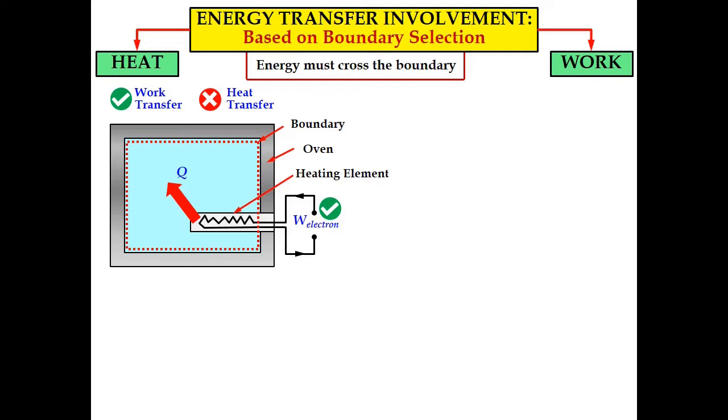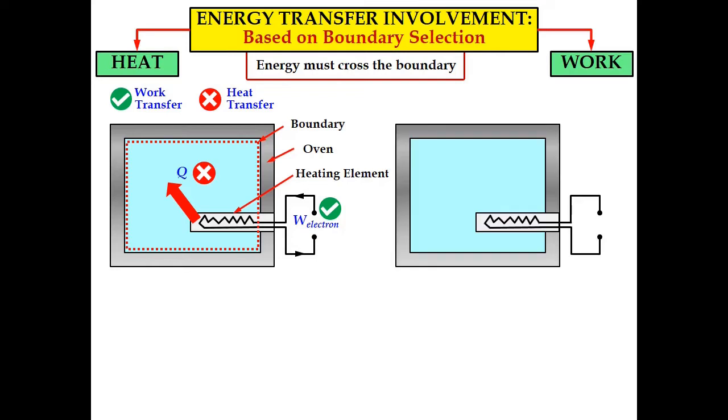However, there is no heat transfer because the Q, the heat from the heating element, does not cross the boundary. The heat transfer is within the boundary that we chose. So we need to exclude the involvement of heat transfer for this system. No Q, no heat transfer for this system.